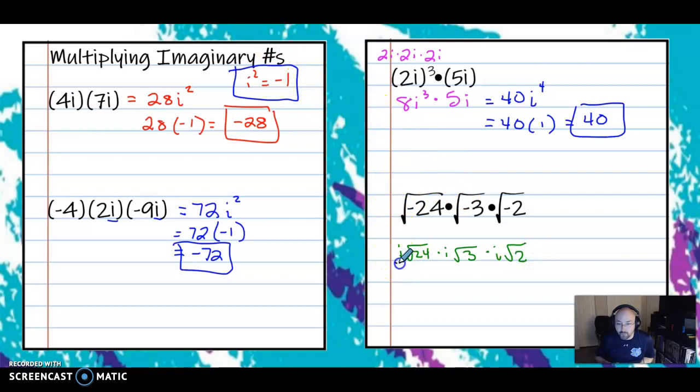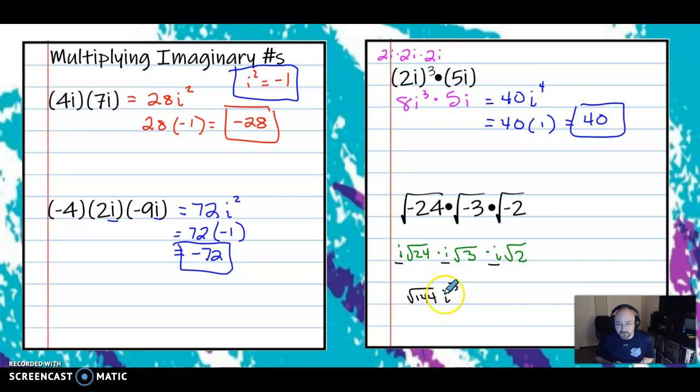So this would make 1, 2, 3 i's. That's going to be i cubed. And then if we multiply these together, 24 times 3 is 72, times 2 is 144, so we have the square root of 144 i cubed.